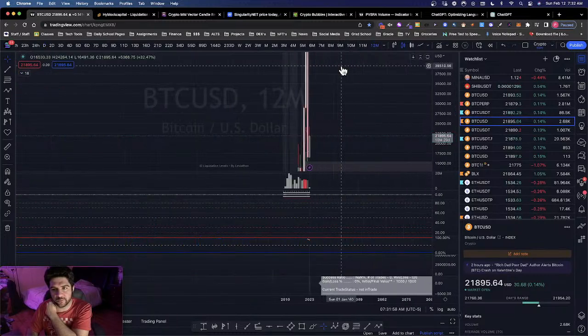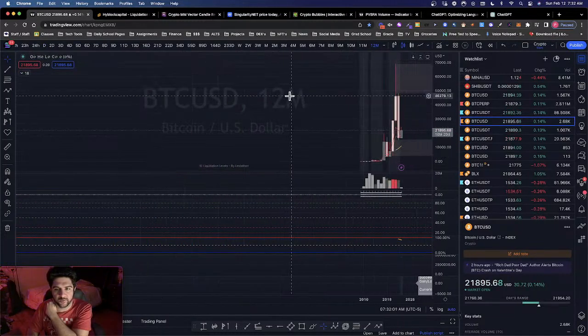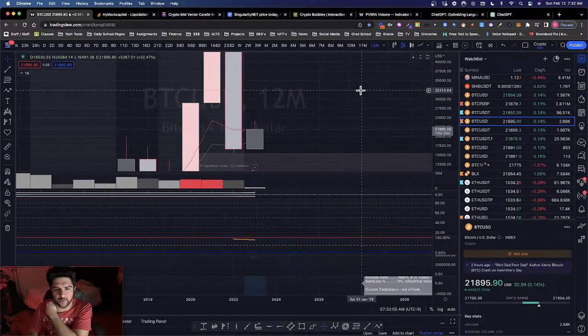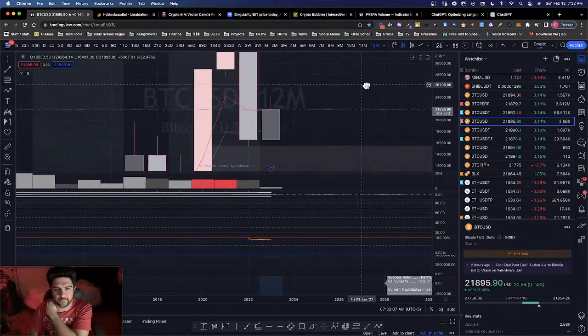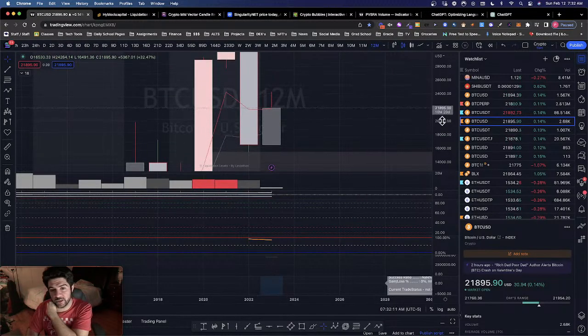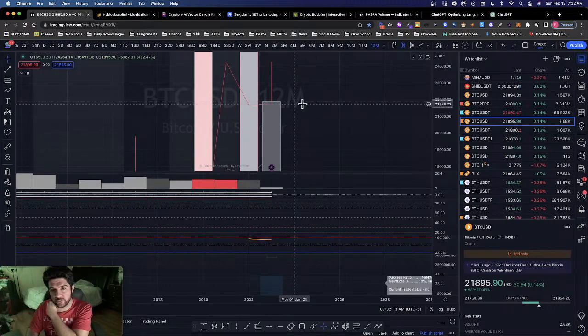All right, we talk about EMAs. Here is your 12-month EMA. Here's your 5, your mustard, which you're actually above at the moment. So that's a good sign. Looks like you got support on it at 21,763.